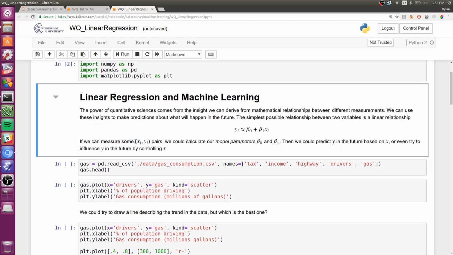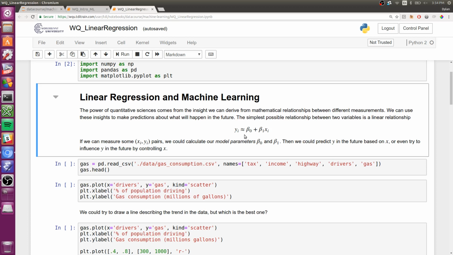So if we have some measurements, x, y pairs, where we know what the label is for particular observations, particular data points, then we can calculate what the model parameters beta naught and beta 1 ought to be.